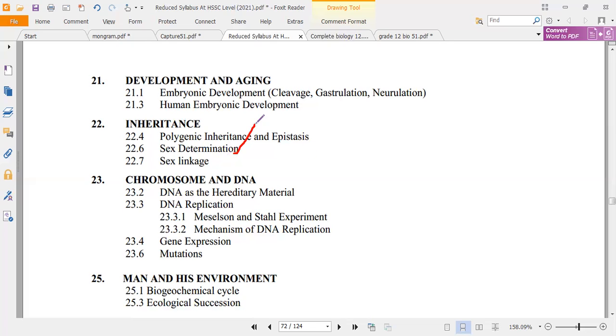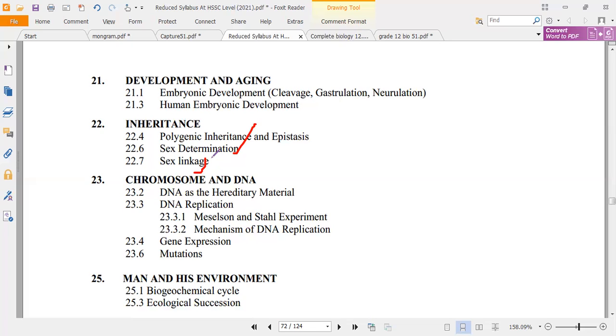And then it comes to sex linkage. All subtopics of sex linkage are also included, like sex linkage in Drosophila and in humans, as well as color blindness and muscular dystrophy and sex related traits, because these are the subtopics of this topic, so these are all included. So the next chapter is chromosome and DNA, in that, DNA as the hereditary material.